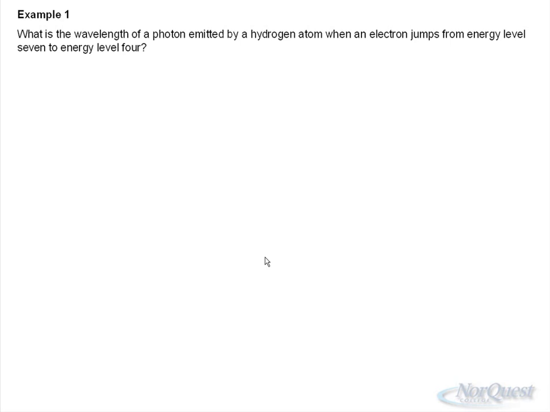Okay, so the first example I'm actually going to do two ways. I'm going to show you method one, which is probably the more efficient method, and then I'll show you how Bohr would have done this. So method one, I'm going to show you how Balmer or Rydberg would have used this formula to calculate the wavelength.